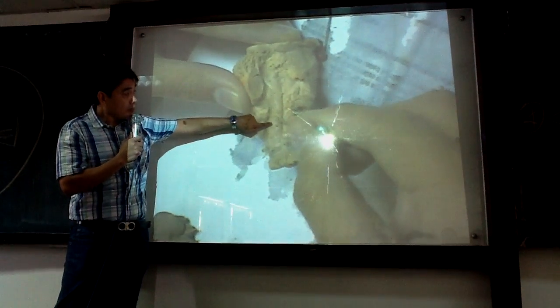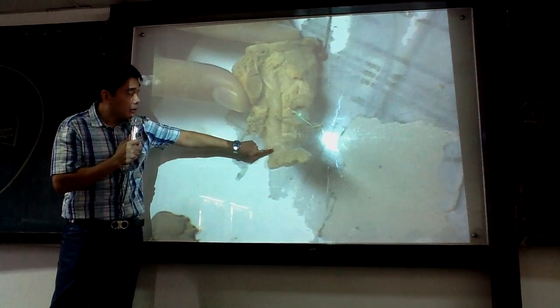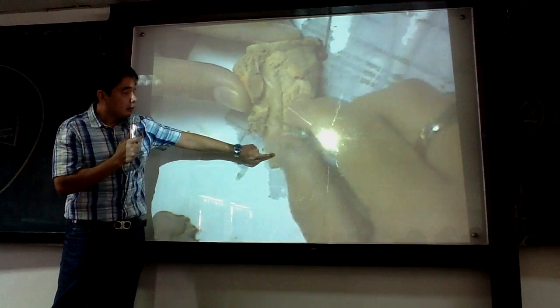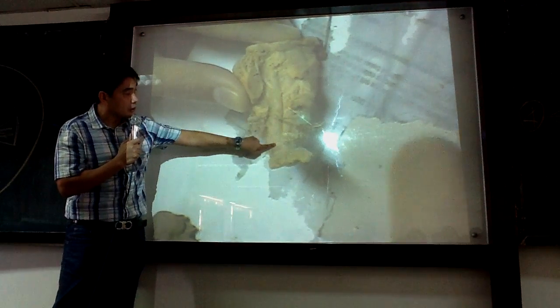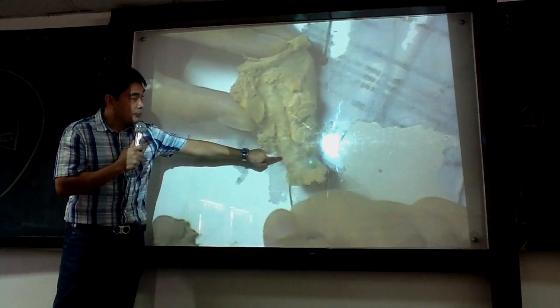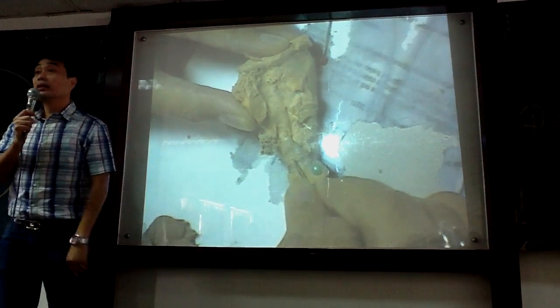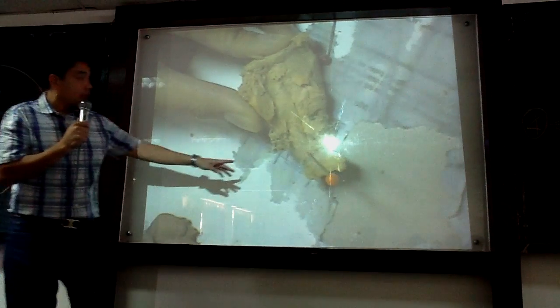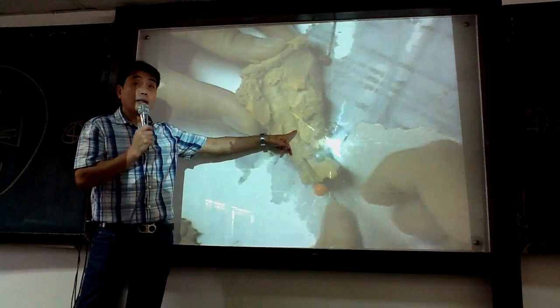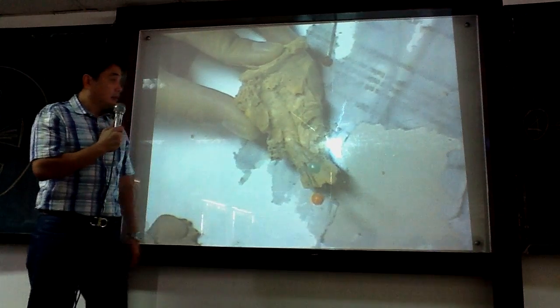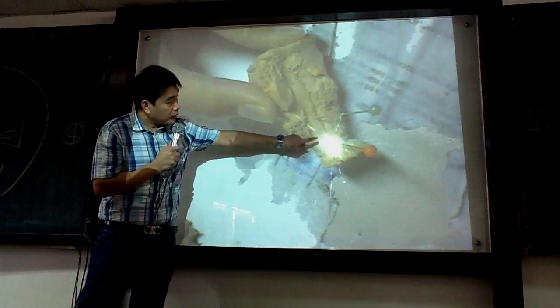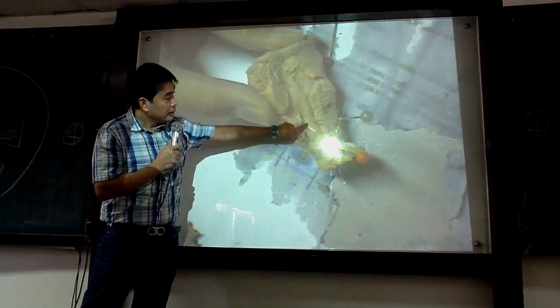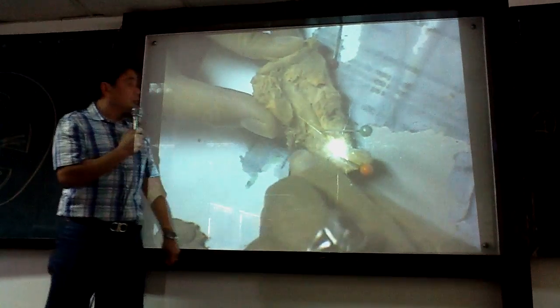Pag bumaba na yan dito, lateral to the dorsal median sulcus, yung pin, fasciculus gracilis. Okay? So, dire-diretso yan sa taas, magiging gracile tubercle. Then, may maliit na sulcus dito sa pagitan niyan. That's the dorsal intermediate sulcus.